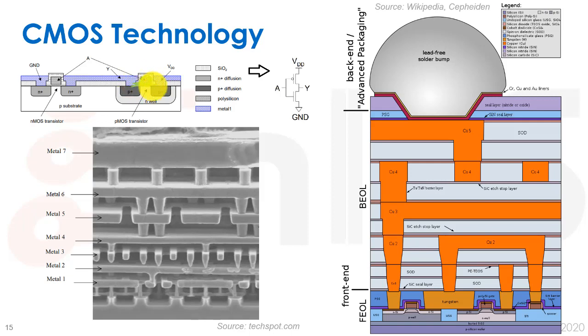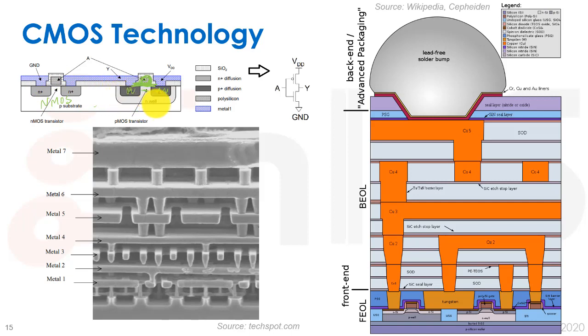We have an oxide that separates the gate from the substrate, and in the substrate we have the channel over here, which is separated by two diffusions, two active areas that can talk to each other. In CMOS technology, we usually have this substrate which is p-type, and we put in these n-type implantations into them, which creates an NMOS transistor.